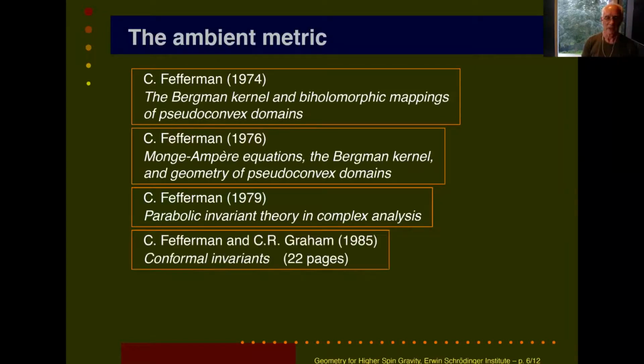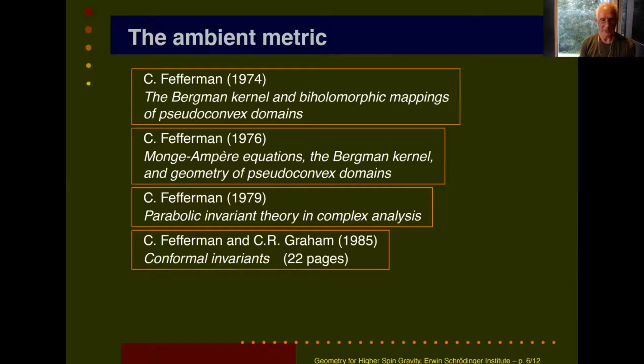And now, here we come. Six years later, Fefferman and Robin Graham got together and realized that the construction in the 1976 article of Charlie Fefferman just goes over to the case of conformal geometry, with some similarities and some differences.